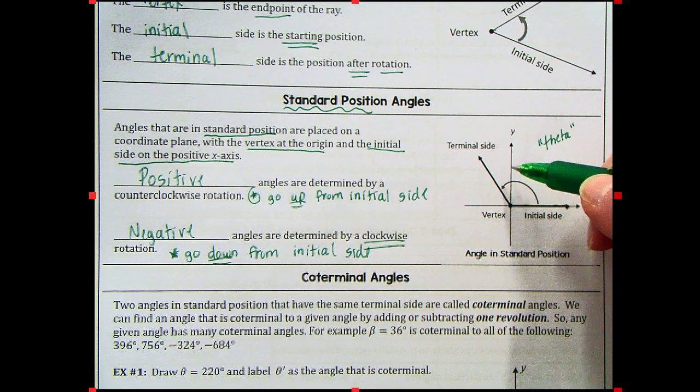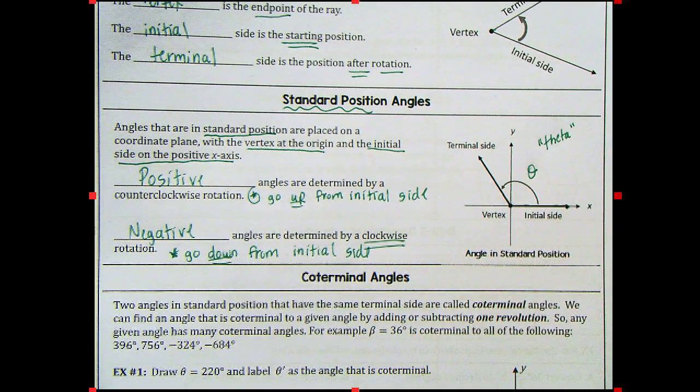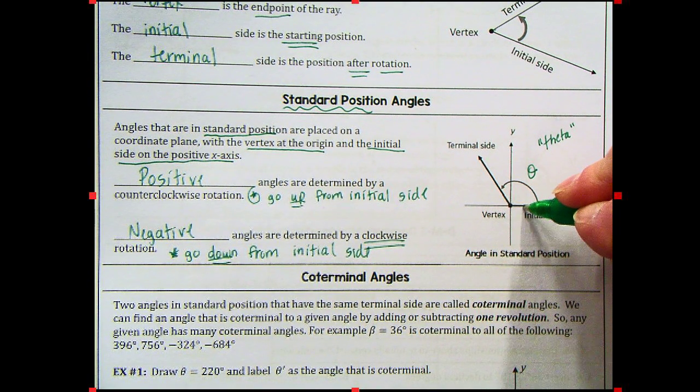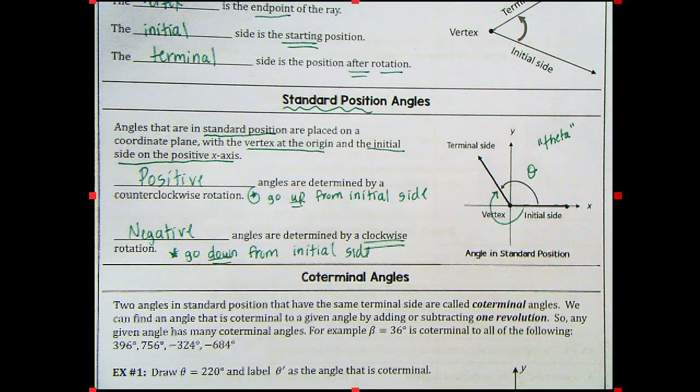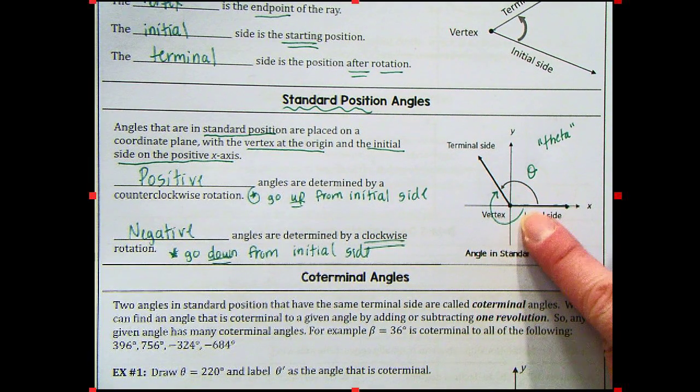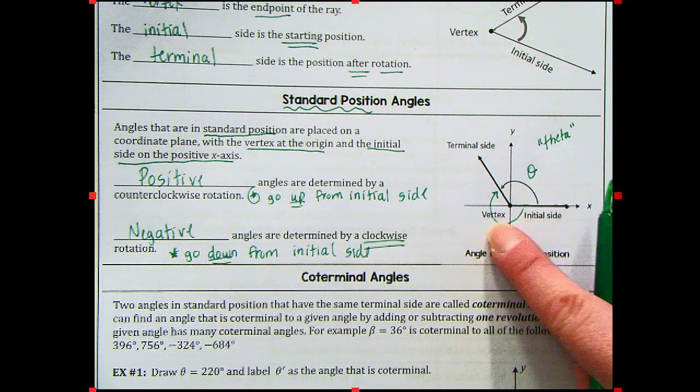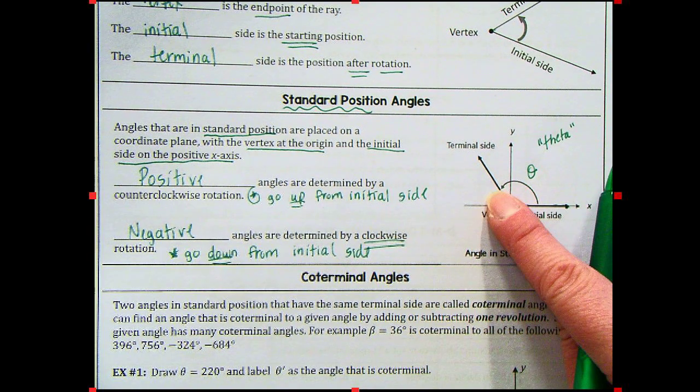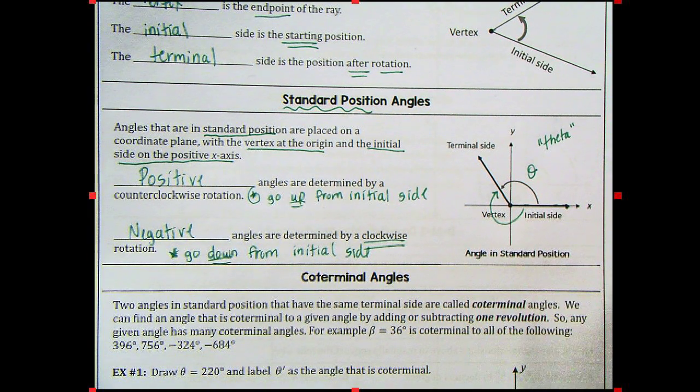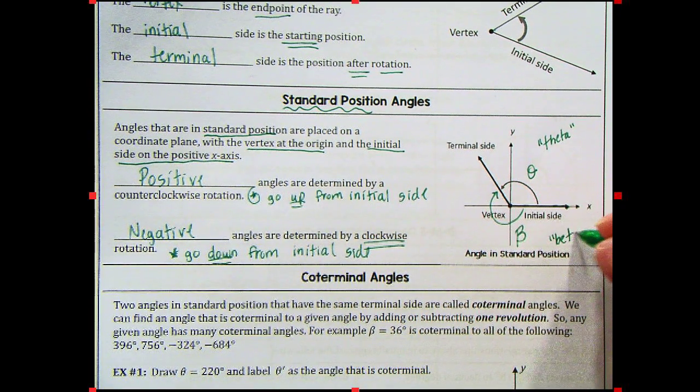And this would be a positive angle that's somewhere between 90 and 180. But if I wanted to, I could also say, hey, I'm talking about this angle here, which is negative because I'm graphing down. This is a negative angle that's bigger than 180, but less than 270. And I could call that something else. If you do like a capital B with a little tail, that would be beta.